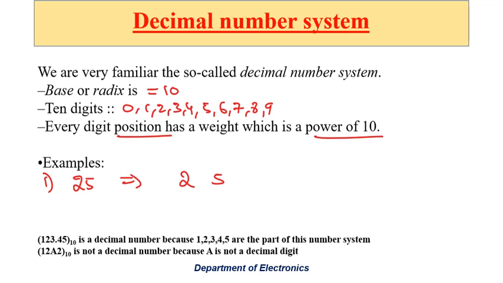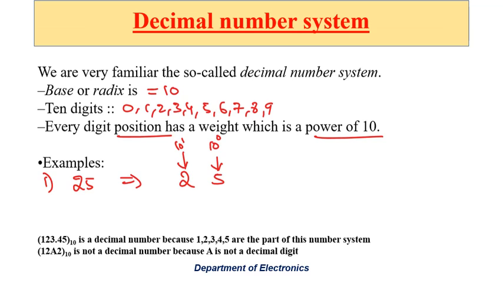So the positional weight of the 5 is 10 power 0. The positional weight of the 2 is 10 power 1. So the positional weight of 5 is also called the units place, and 2 is also called the tens place. So likewise, each digit has a positional value.